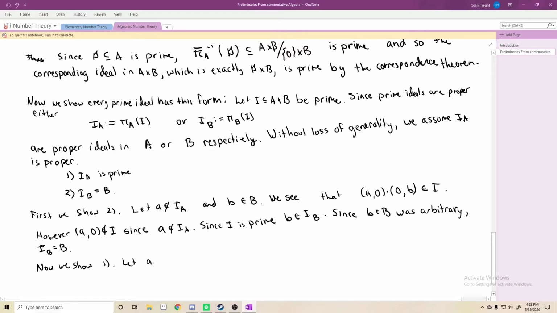Let A1 and A2 be in A such that A1 times A2 is in I sub A. We can find, right, okay, we can find B1 and B2.